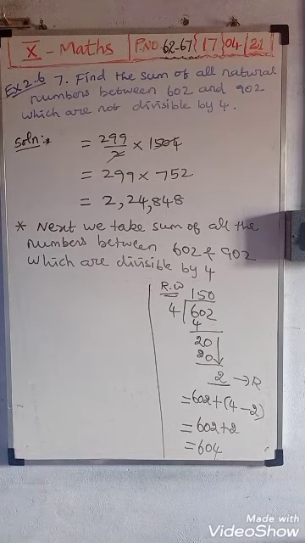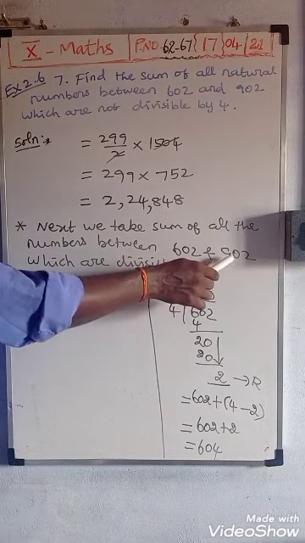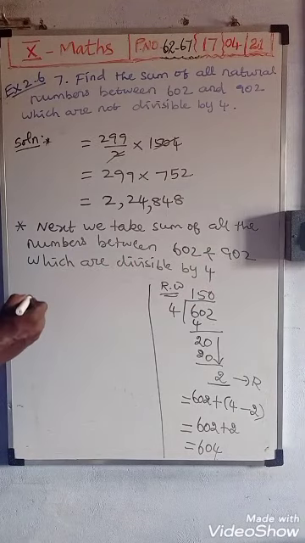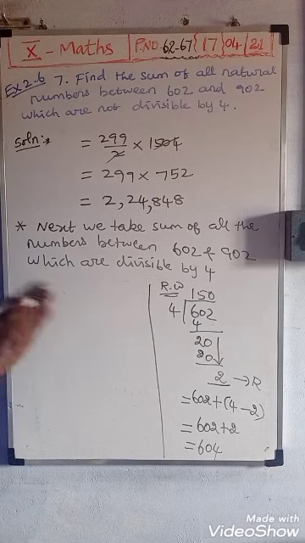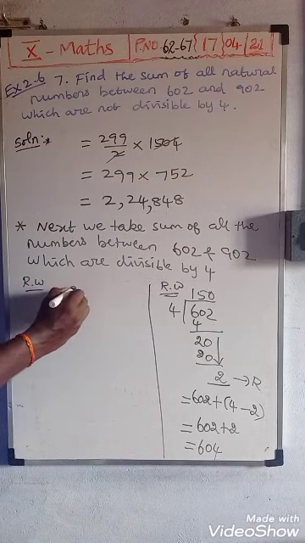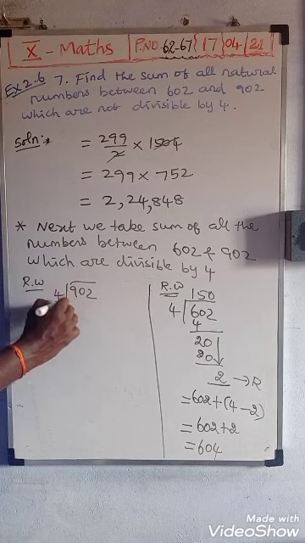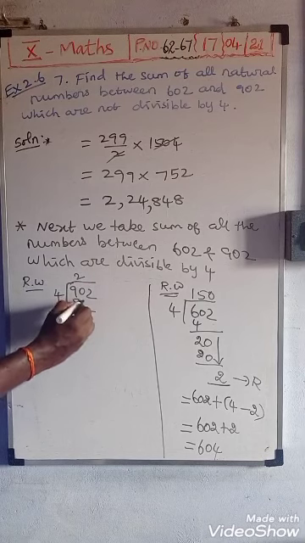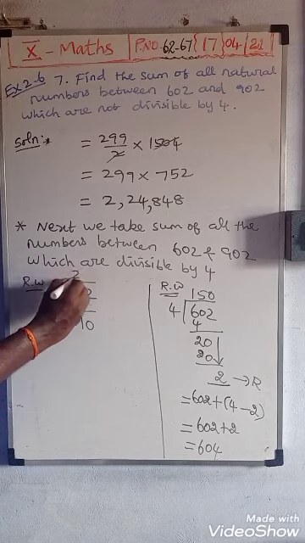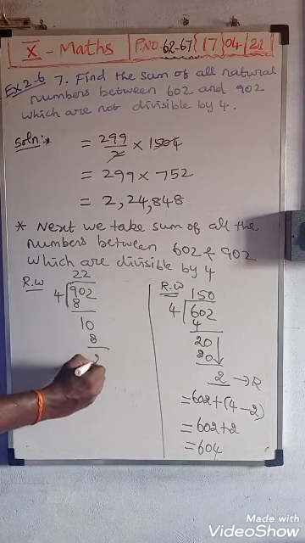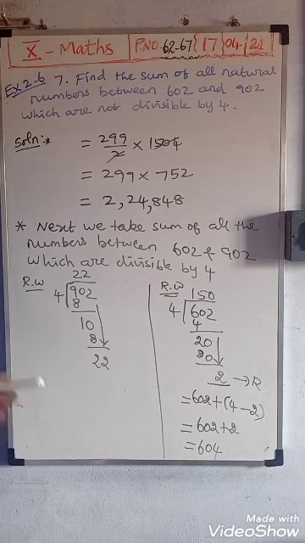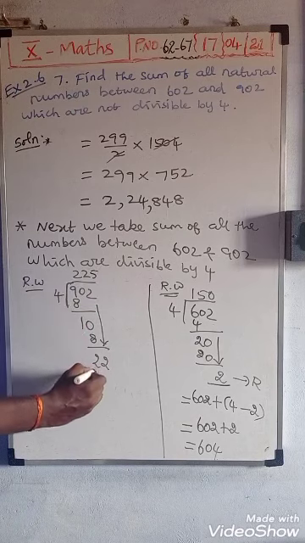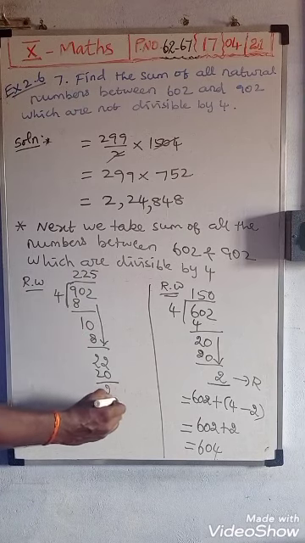Then next, we want to get the last number. So 902, you want to check whether it is exactly divisible by 4 or not. So you should divide 902 by 4: 2 4s are 8, remaining 1, 0 comes down. Now 2 4s are 8, remaining 2, again 2 comes down. Now 5 4s are 20, and the remainder we received is 2.